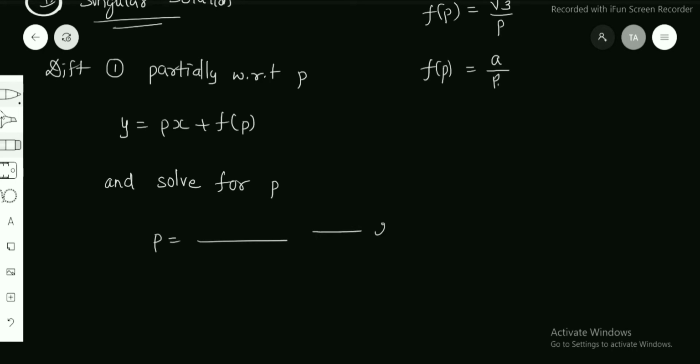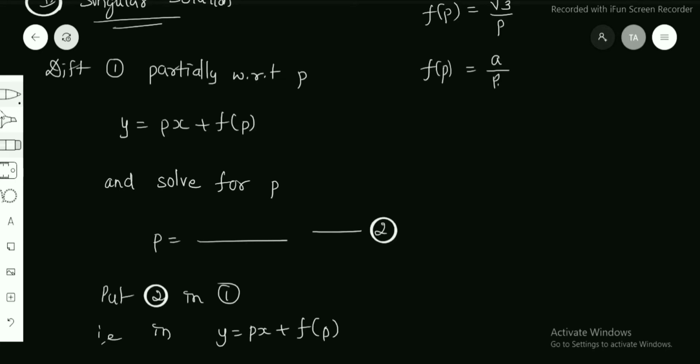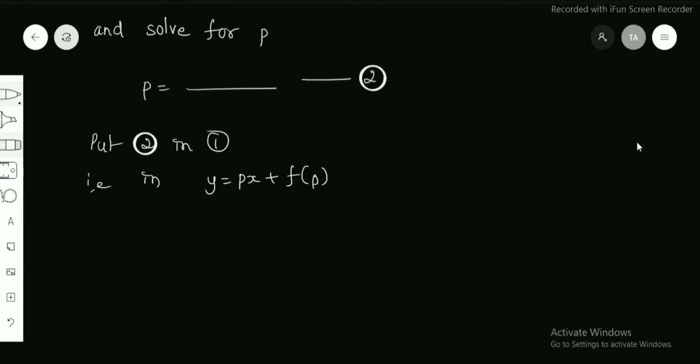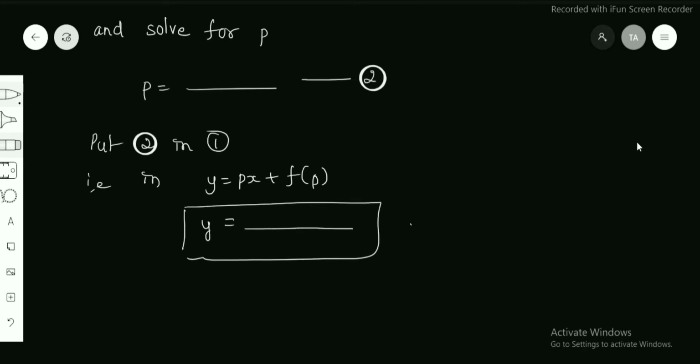Call this p value as number 2, and final step will be put 2 in 1. That is, in which equation? y is equal to px plus f of p. Wherever you have p, substitute the obtained value of p in the equation number 1. So here you will be getting some equation. This will be your singular solution.